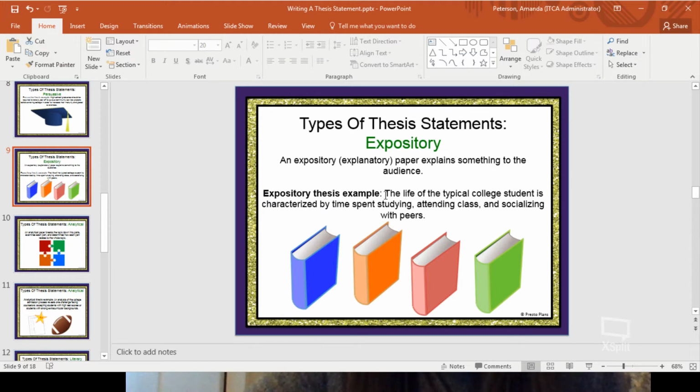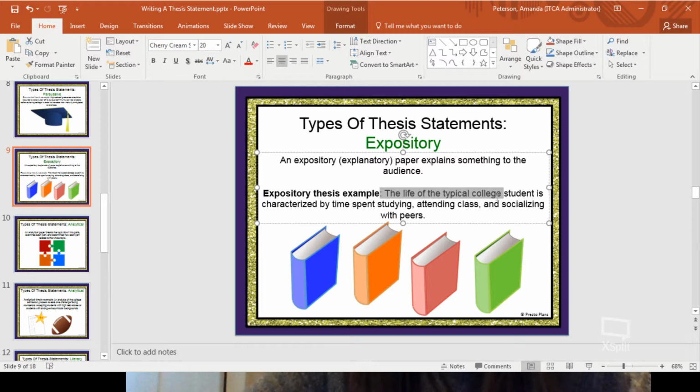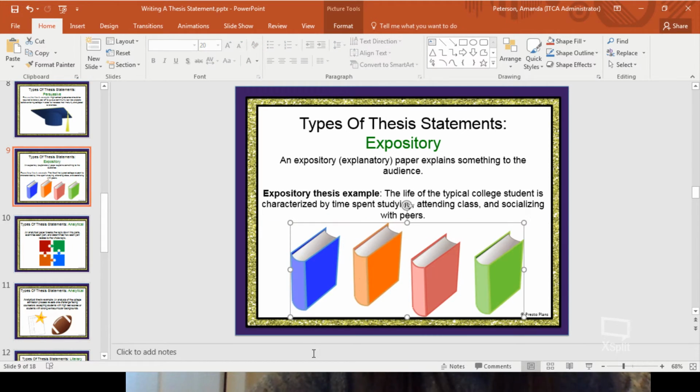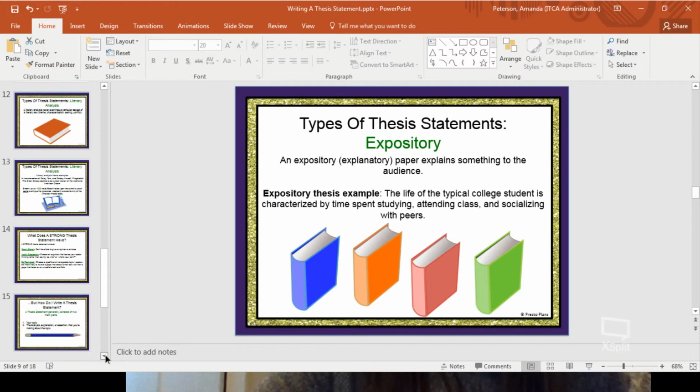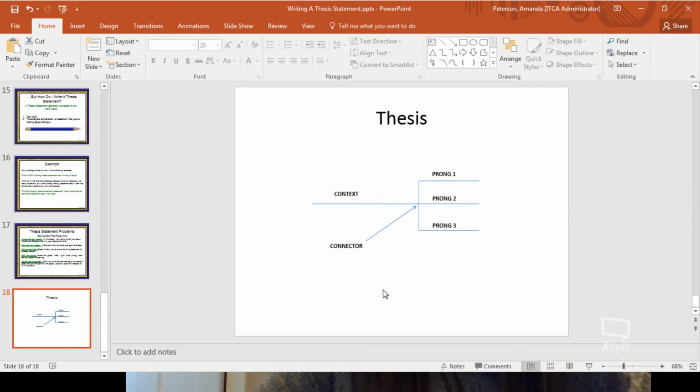So you have your topic, the life of a typical college student, and then you have a connector, which is normally like "is characterized," and then you have time spent studying, attending class, and socializing with peers. That makes those 3 prongs, and what really makes it 3-pronged is those 3 different topics you're going to talk about right here, 1, 2, 3. But this is just a nice little snapshot for you if you like to diagram things and think about it.